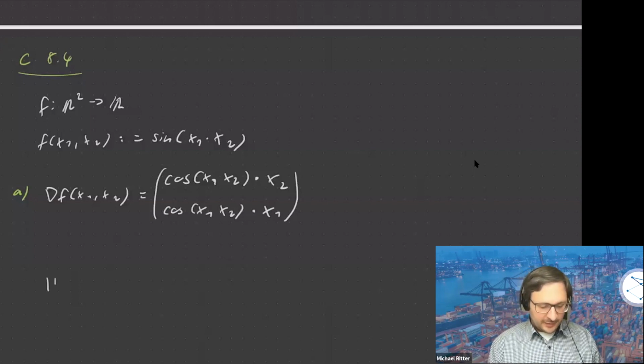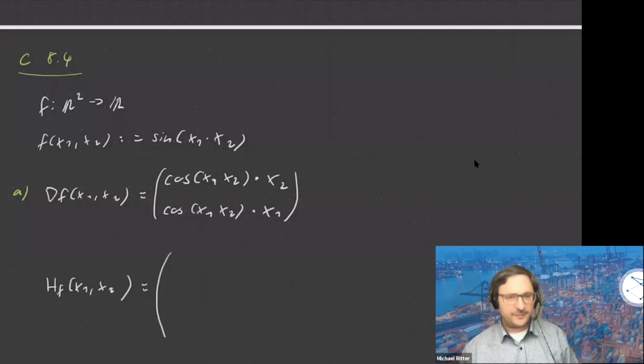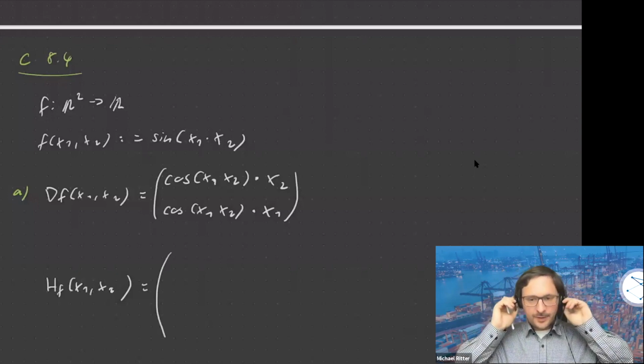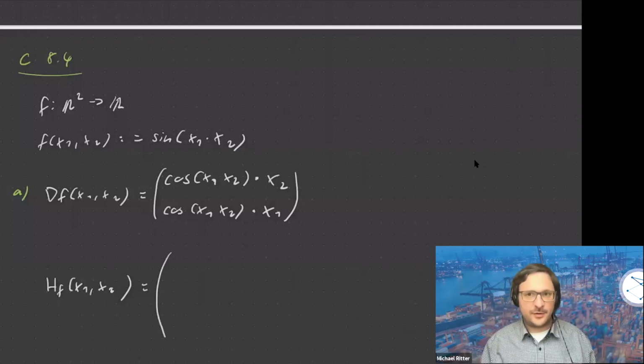And for the Hessian, let's start with the first row of the gradient and differentiate that with respect to x1 first. Basically the same as we just did. Again, there's no x1 outside of that cosine expression. So we can just start by differentiating that. The derivative of the cosine is the negative sine.